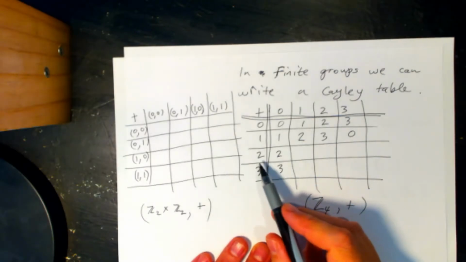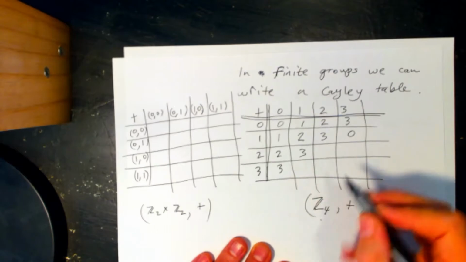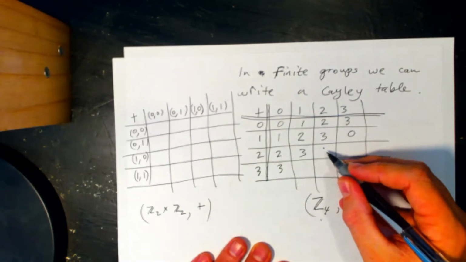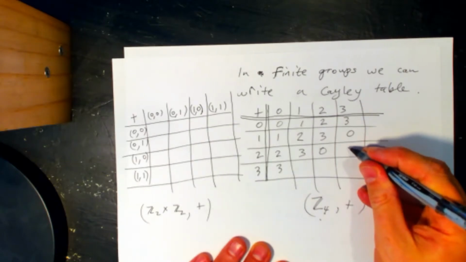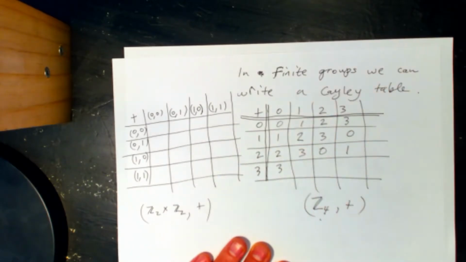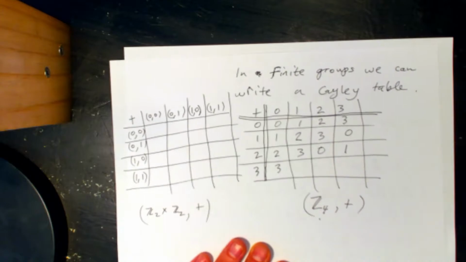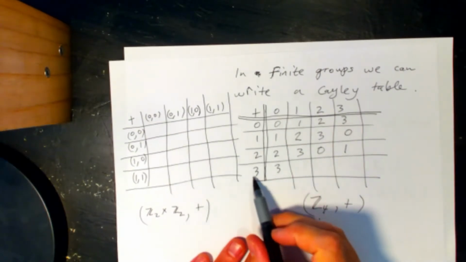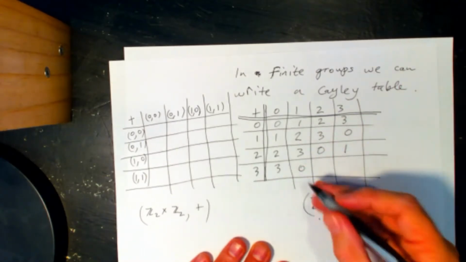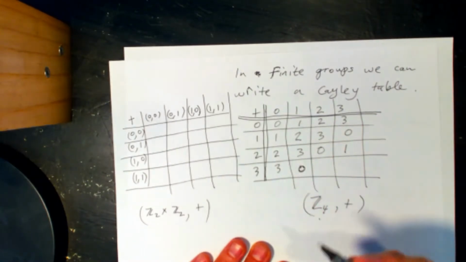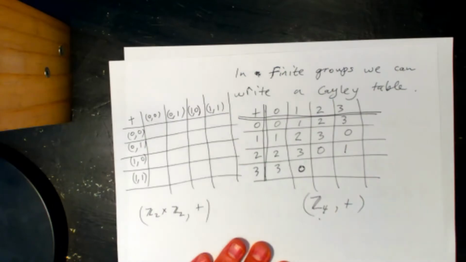Okay, so next, 2 plus 1 gives 3. 2 plus 2 is 4, but 4 is 0 modulo 4. And then I'm missing 1, so 2 plus 3 is 5, which reduces to 1 modulo 4. Okay, 3 plus 1 is 0, and we have commutativity here, so we're going to have a symmetry about this diagonal.